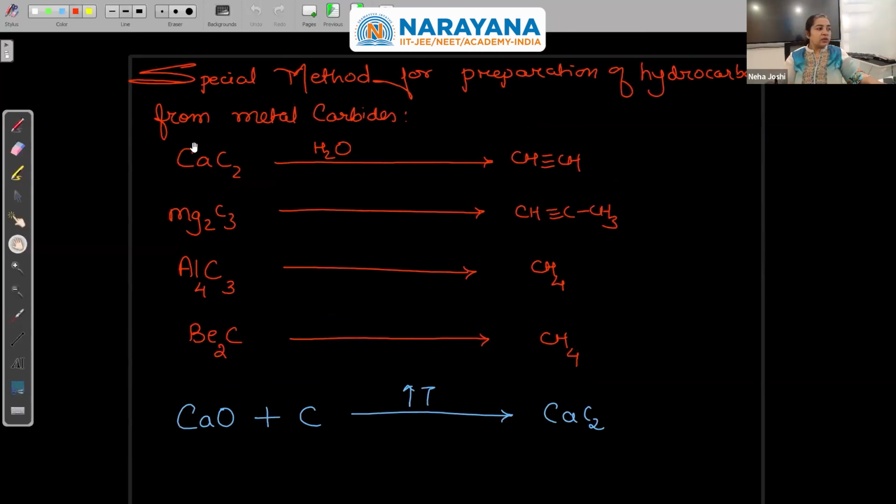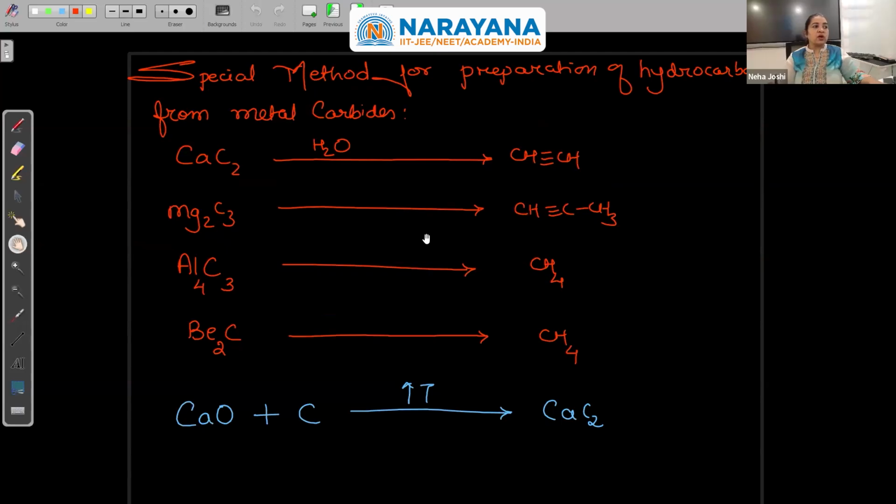So all these methods are used for preparation of hydrocarbons. Though if I talk of only these two are alkynes, I am aware of the fact, but I want you to revise these two also. That with Al4C3 you will have methane, with Be2C you will have methane.